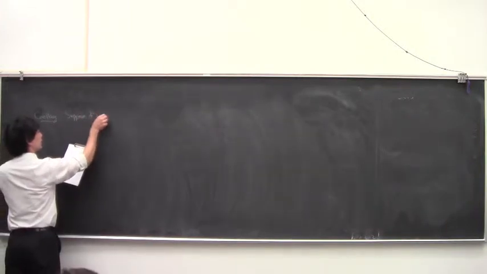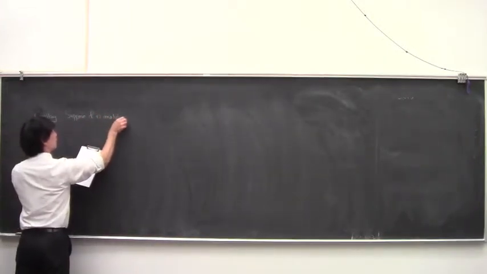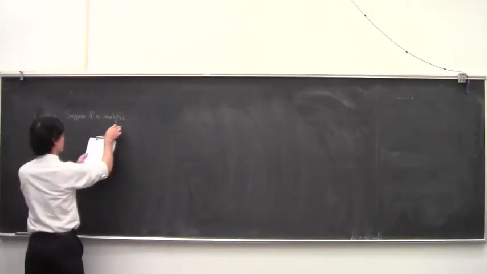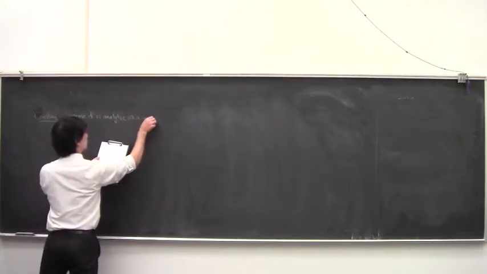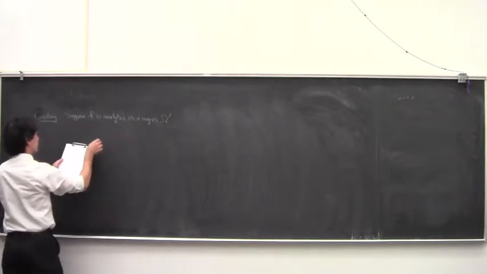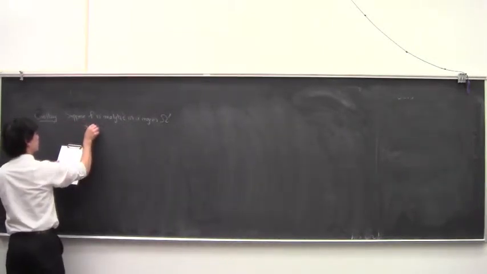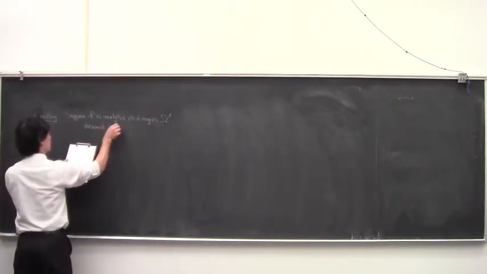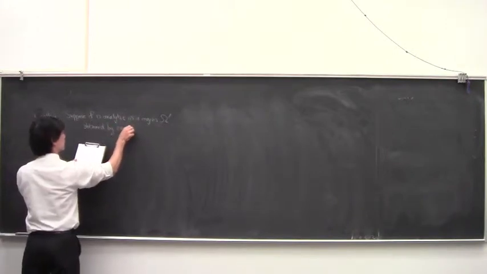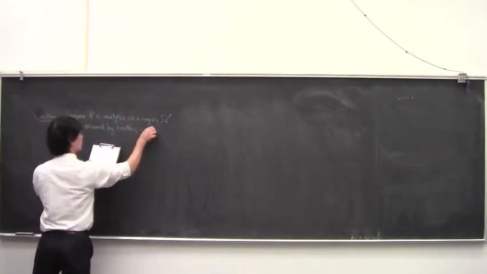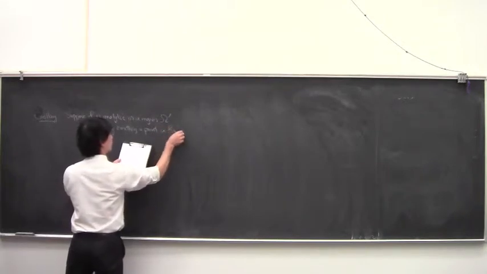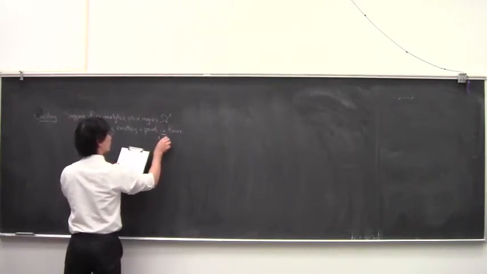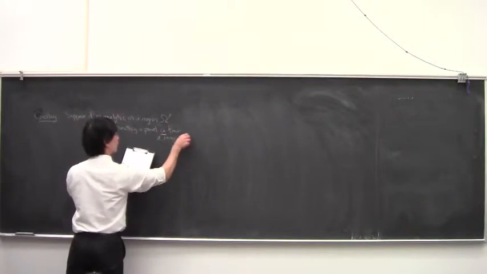Suppose f is analytic. This is back from lecture 11, as I said. Analytic in a region omega prime obtained by omitting a point a from a region omega.